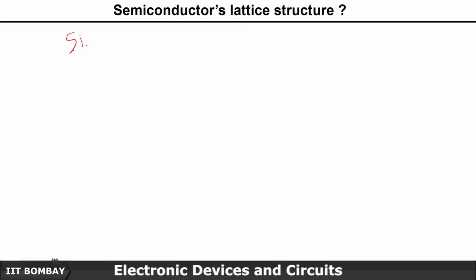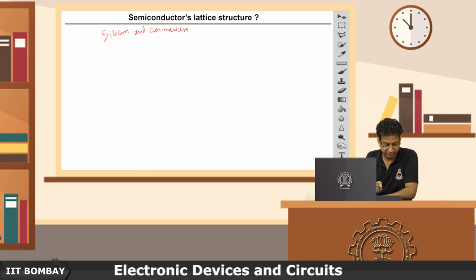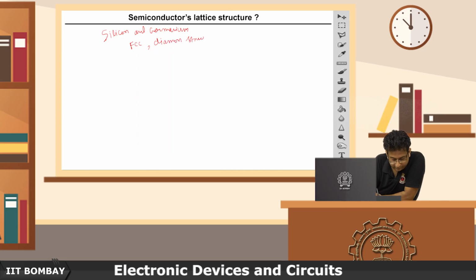If I say silicon and germanium, both have an FCC one similar to the diamond structure, tetrahedral. But here it's not just one FCC. What happens here is you have two FCCs, and both are penetrating into each other.